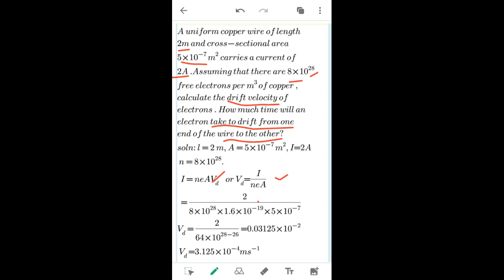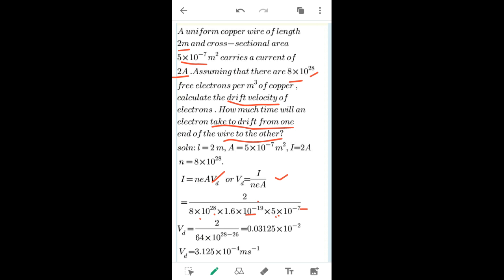So I is 2, N is 8 into 10 raised to 28, E is 1.6 into 10 raised to minus 19, and A is 5 into 10 raised to minus 7. So VD equal to 2 by, when we multiply 8, 1.6 and 5, we get 64 into 10 raised to 28 minus 19 minus 7, which is minus 26.